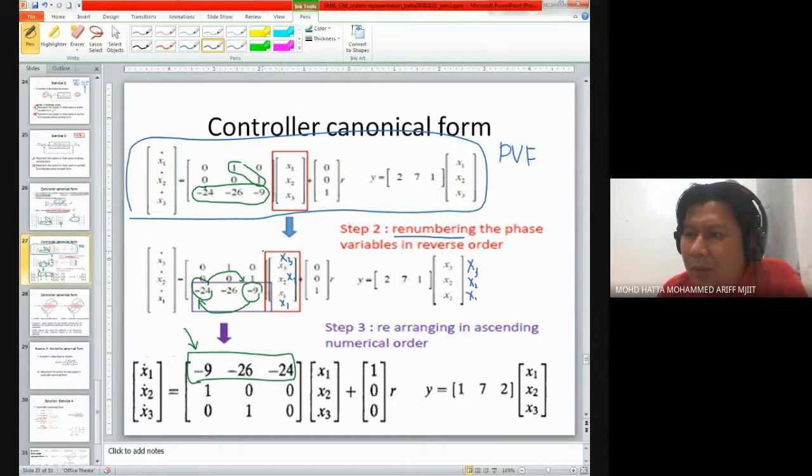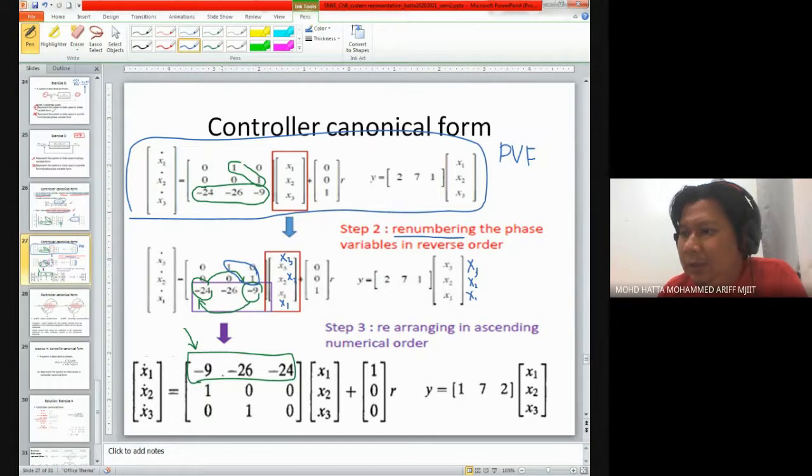And before this, in phase variable form, we see that the information of our denominator appears at the last row of our matrix A. But for controller canonical form, first we shuffle or switch sides, and later on we put it at the top, the first row of matrix A. Another thing that is changed a bit is the location of this diagonal matrix.